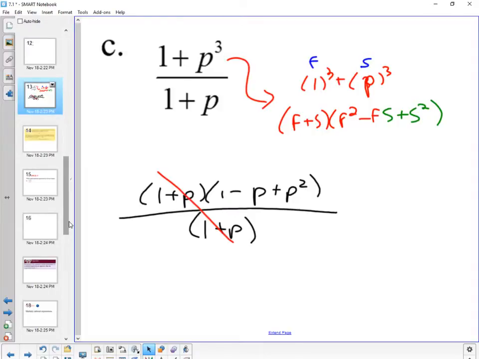Actually, if they don't have parentheses, I would start by writing them in. Yeah. Just leave it like that. I don't know if I understand the question. It's okay. I'll come over here and you can ask me later, okay?